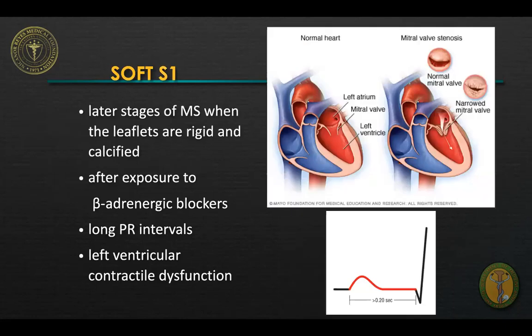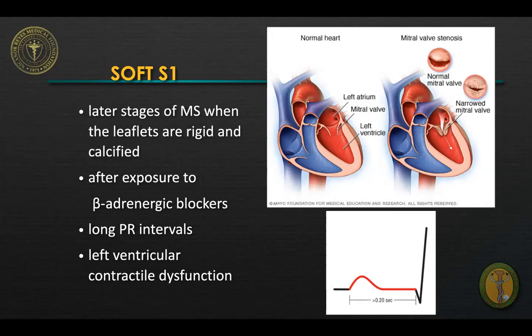What about soft S1? A soft S1 can be seen in the later stages of mitral stenosis, when the leaflets are rigid and calcified, unlike a loud S1 in the first stage of mitral stenosis.